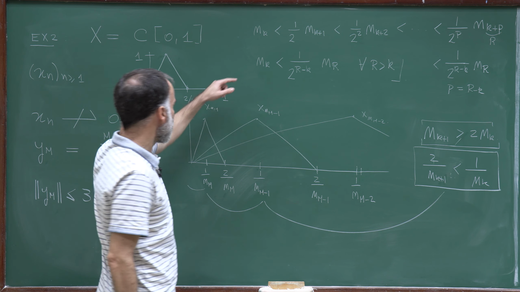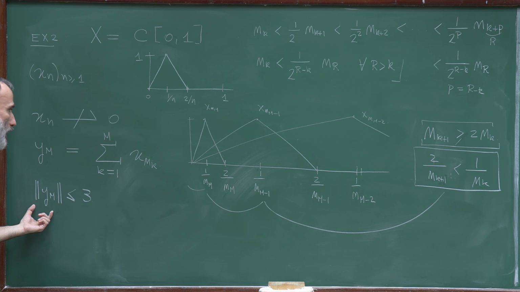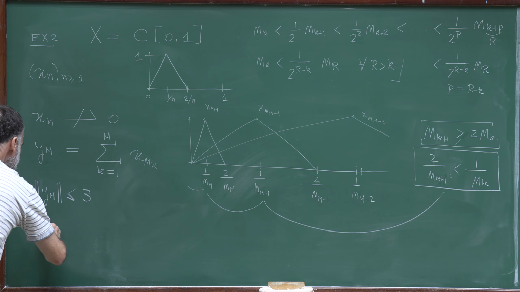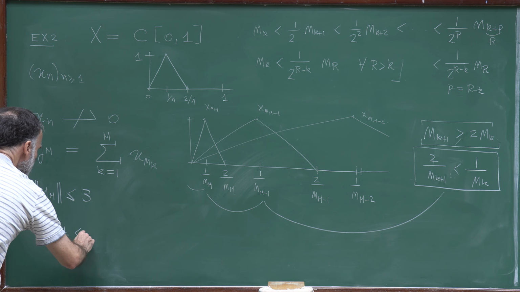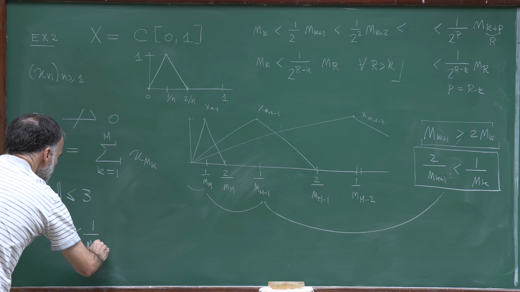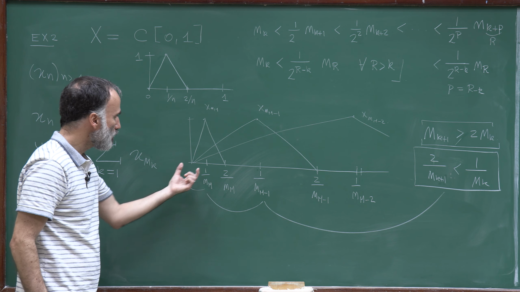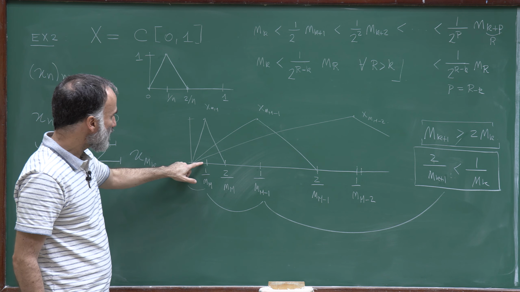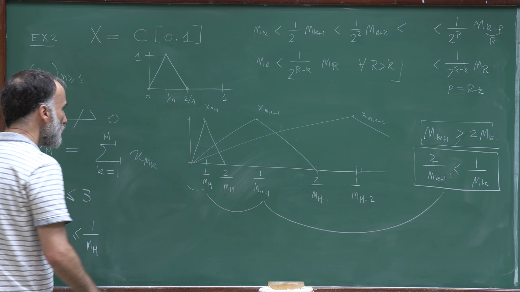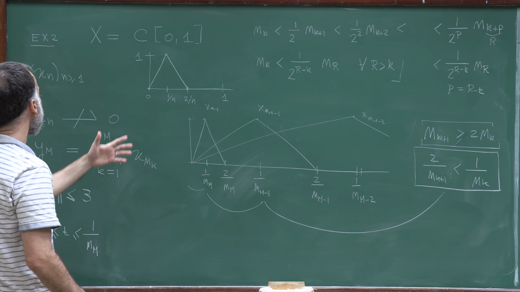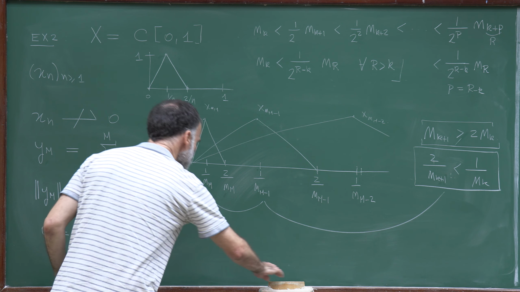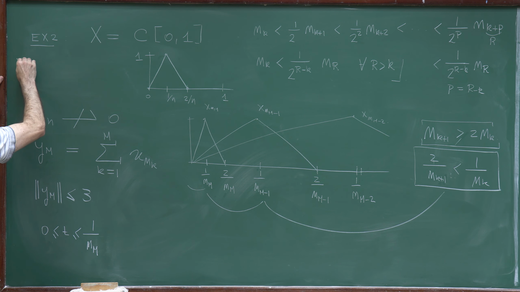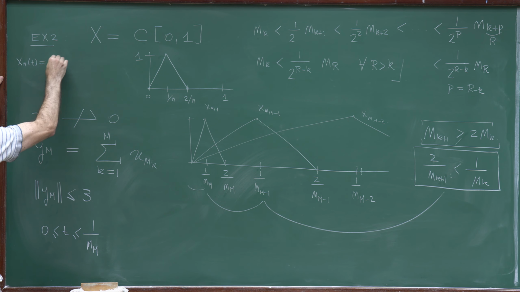Okay? So I have this inequality. With this inequality, I will be able to estimate y m. So let me first consider t between 0 and 1 over n m, this first interval. In this first interval, it's very easy because x n has the same definition for all t's. I erased it, but I shouldn't, so let me just recall what the definition of x n t was.